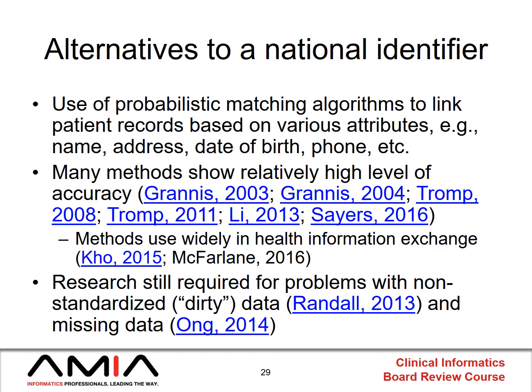One approach that's been advocated is to create a globally unique identifier by having a local master patient index plus a holding institution, something akin to an email address where there's a record at a given hospital.